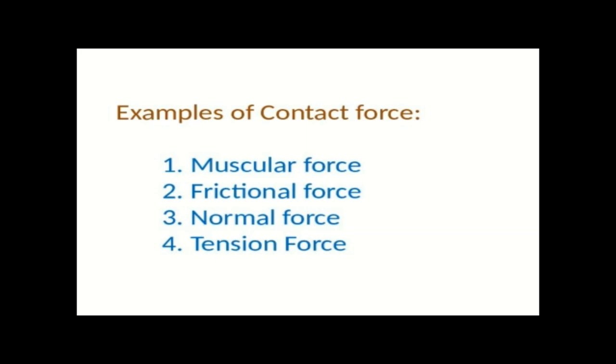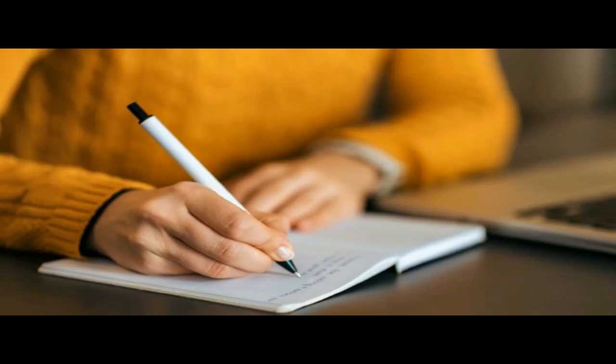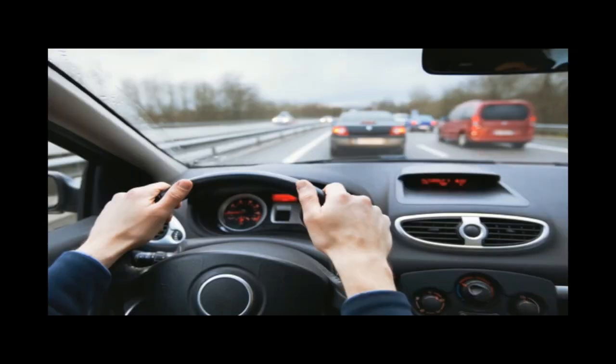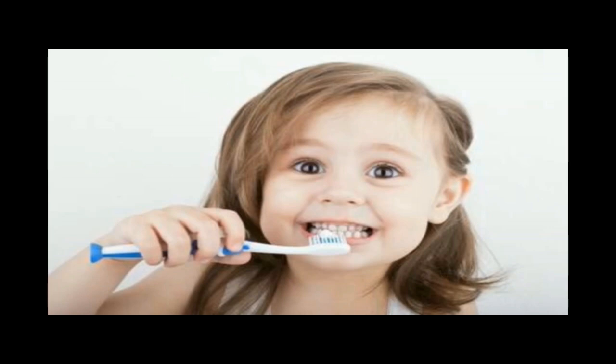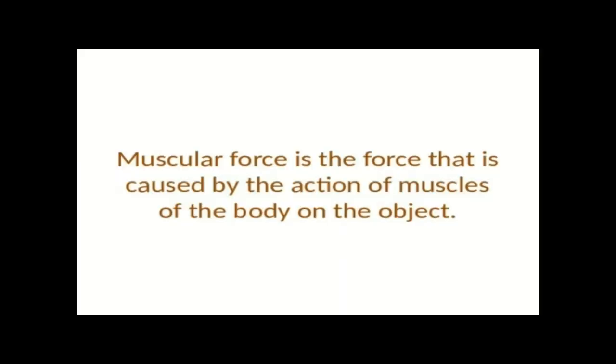In all the actions that we perform in our daily life, like writing, bathing, driving, walking, brushing, etc., we have to exert a force by using our muscles. Muscular force is the force that is caused by the action of muscles of the body on the object.